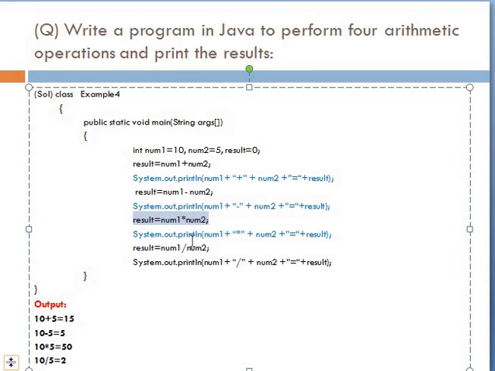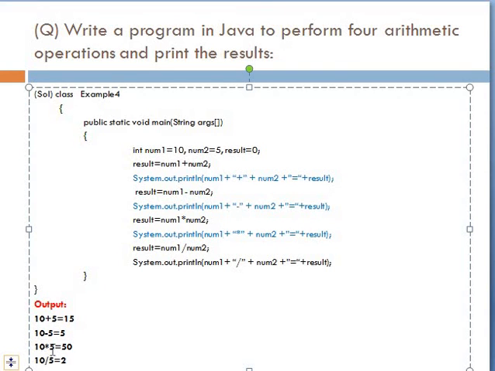So the new value of result is 50. Now System.out.println displays the text within this bracket into the output. Here num1 is 10, then into gets displayed exactly as it is in the output, then num2 is 5, so in the output I can see 10 into 5, then equal to, since it is within inverted commas, gets displayed exactly as it is.